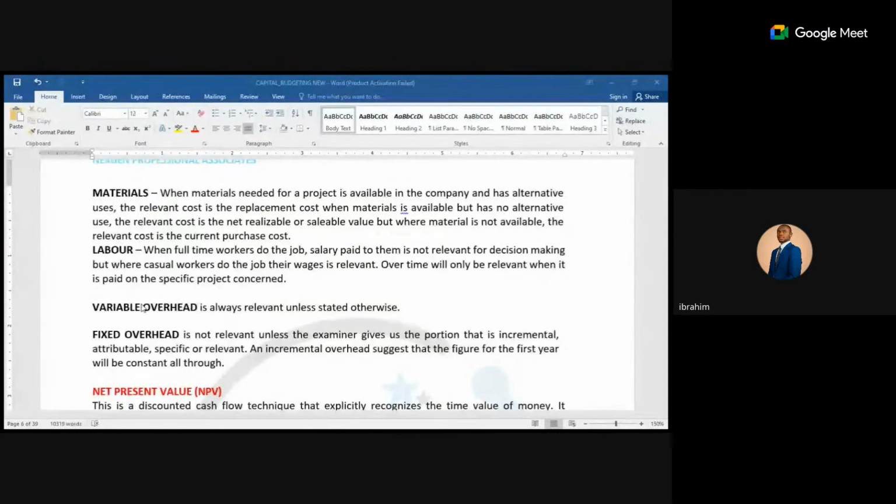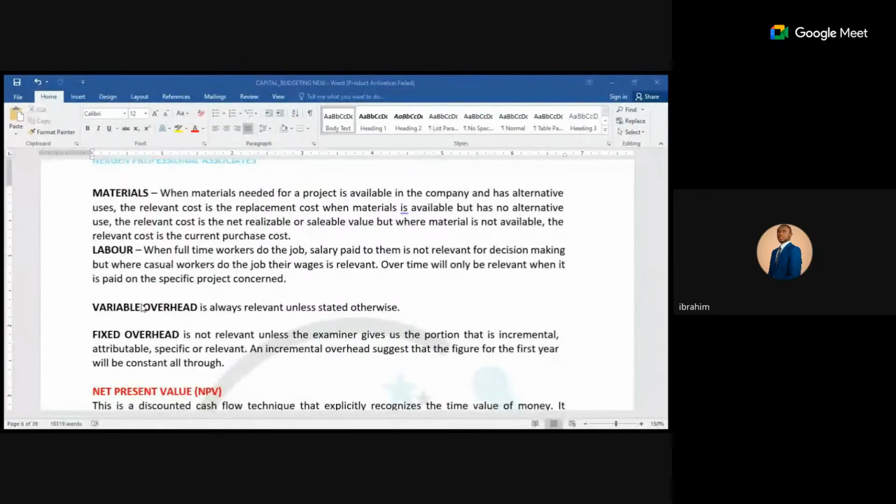Of course, even full-time workers can actually work overtime sometimes. And if that overtime relates to the project, of course, you have to recognize it as a relevant cost. Now, variable overhead is always relevant unless stated otherwise.